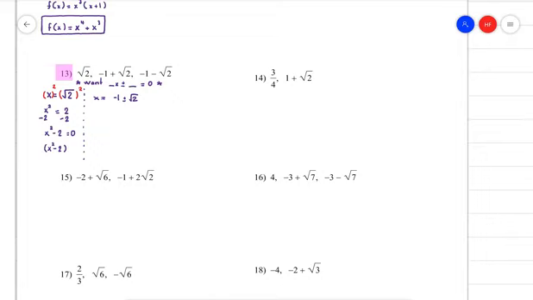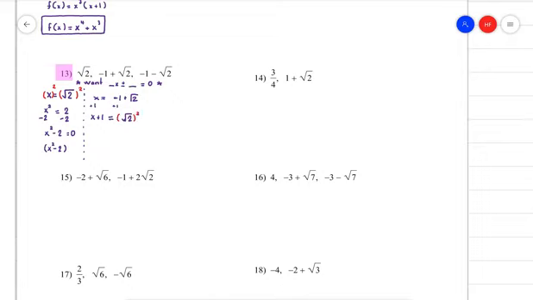So what I'm going to do first is get rid of this 1. I get x plus 1 is equal to the square root of 2. I'm sorry, why am I writing plus or minus? That just says plus. So equals positive square root of 2.